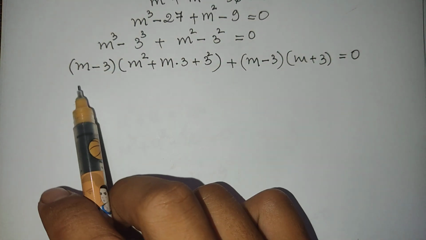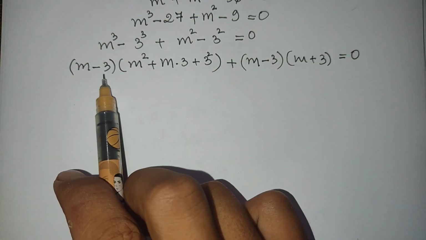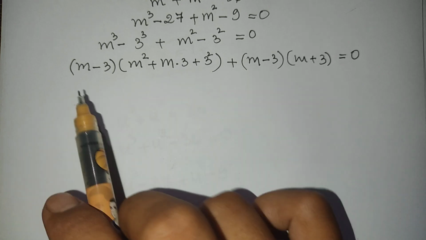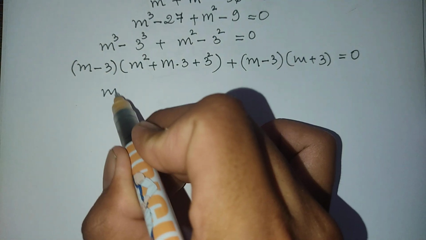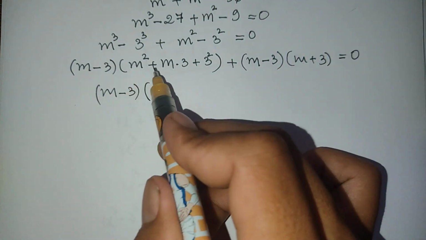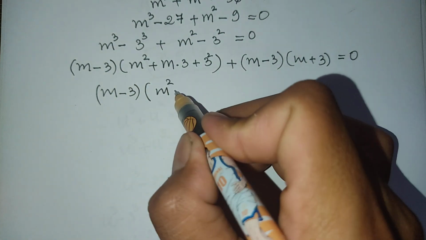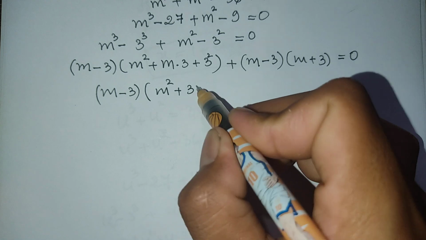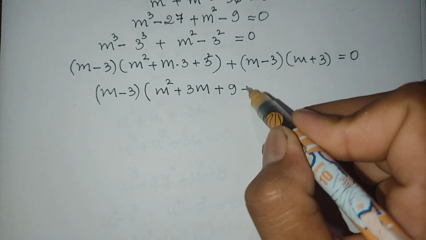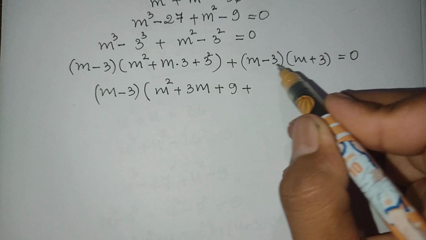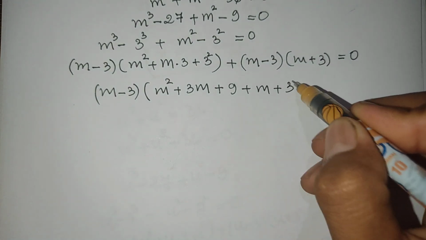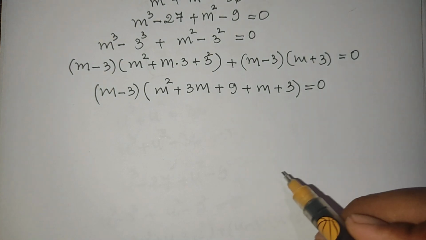Look, here is m minus 3 and here is m minus 3. So we factorize this. We get m minus 3 times m squared plus 3m plus 9 plus, taking m minus 3 out, m plus 3 equals 0.